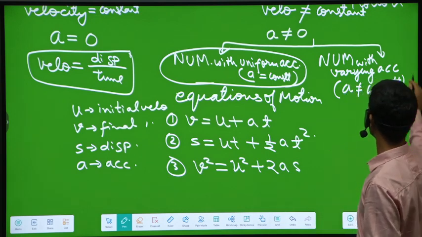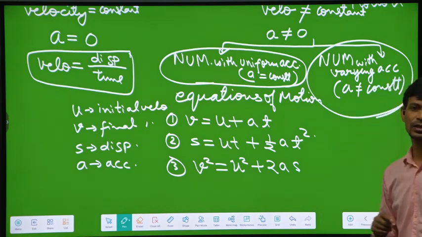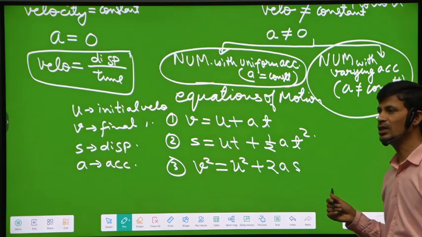Okay, non-uniform motion with varying acceleration. This one is tricky.